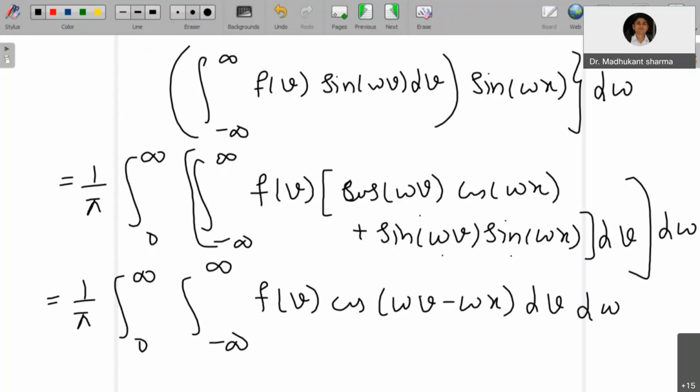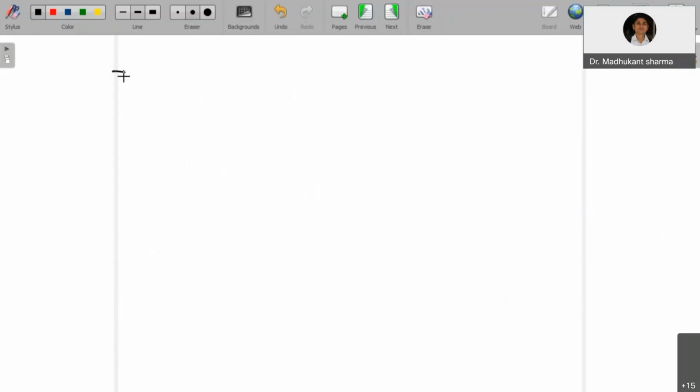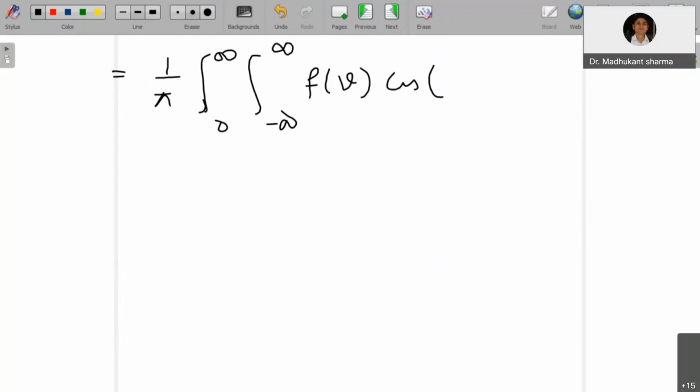Further, you can write it as integration 0 to infinity, integration minus infinity to infinity f of v times cos of w times (v minus x), dv dw. Now the cos function is even with respect to w, and the w limit is 0 to infinity.